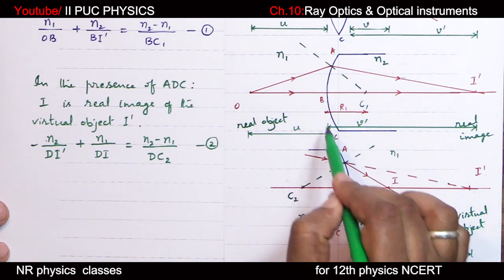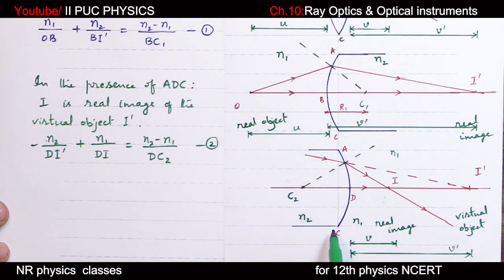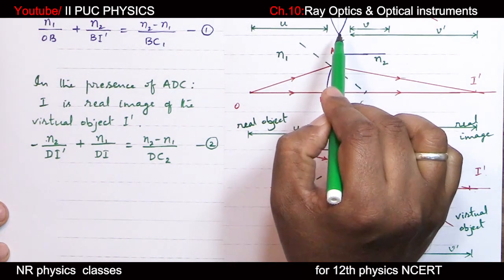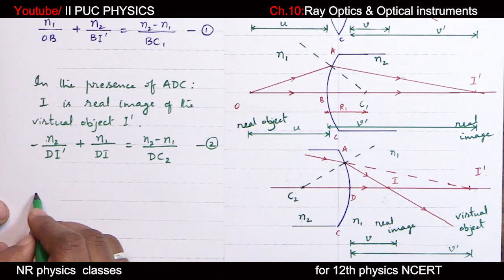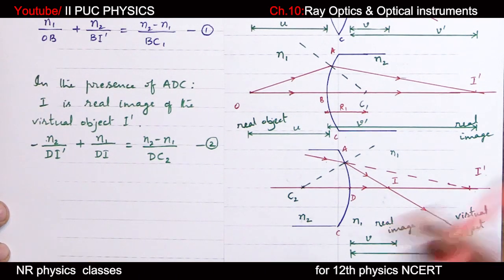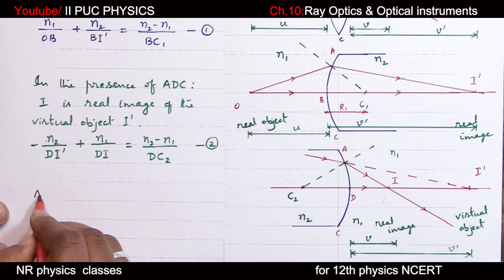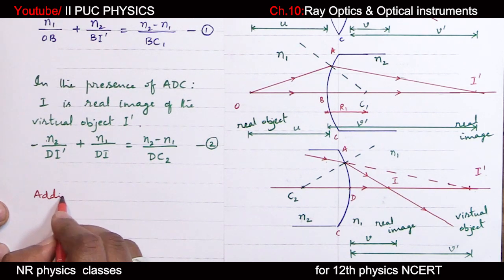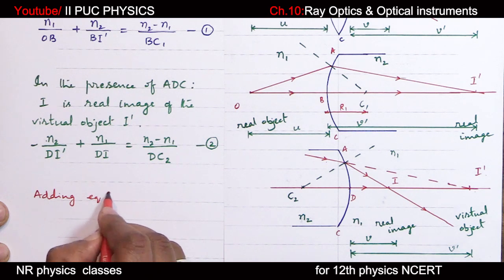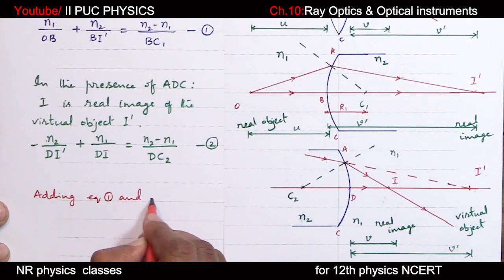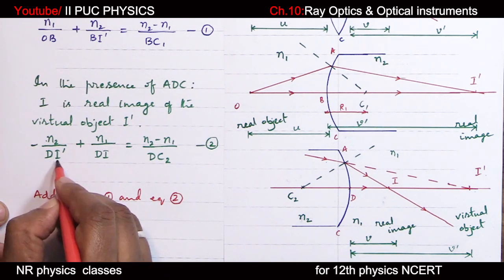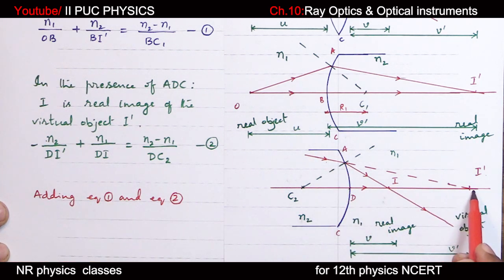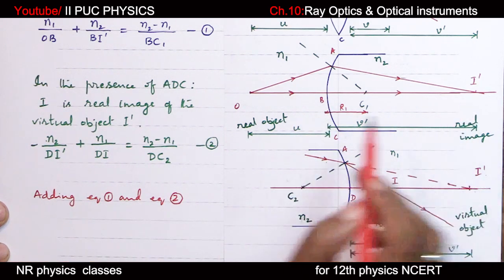Refraction through the first surface plus refraction through the second surface is the refraction through the lens. Therefore, we have to add these two equations. This di dash is approximately equal to bi dash.